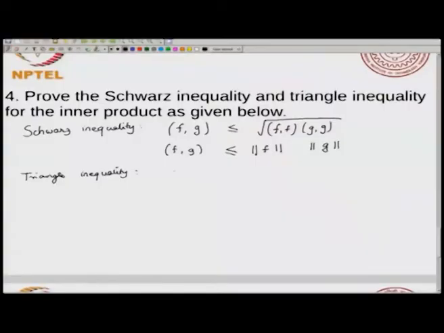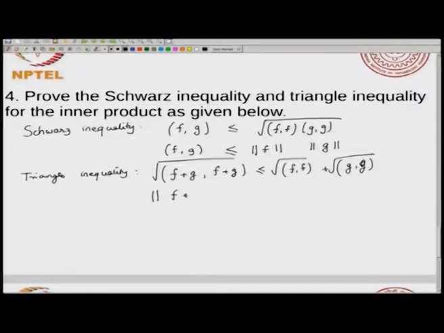So in terms of vector spaces, what it says is that the inner product of f plus g with f plus g should be less than or equal to the inner product of f with f plus the inner product of g with g, and all this should be under the square root. In other words, the norm of f plus g should be less than or equal to the norm of f plus the norm of g.